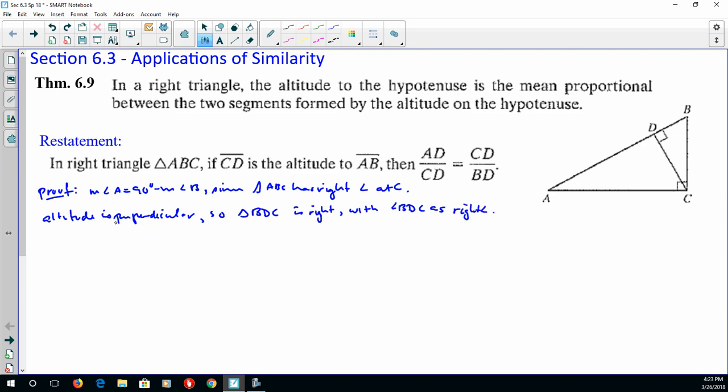Hence, look at the relationship between these two angles then. Hence, the measure of angle BCD is 90 degrees minus the measure of angle B. Well, that's the same thing as the measure of angle A. So the measure of angle A is the measure of angle BCD.